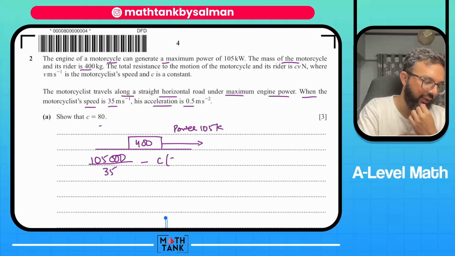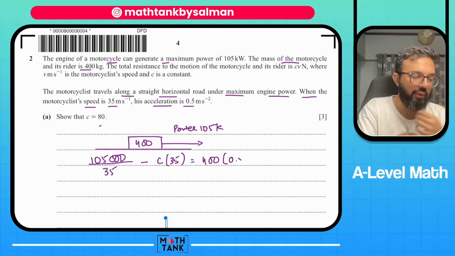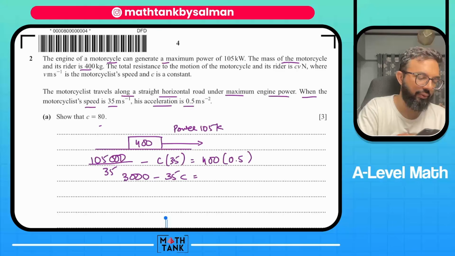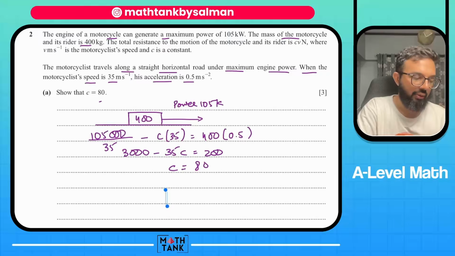V is then 35. MA, what is mass and acceleration? So F equals to M is what I've applied. My driving force is 105,000 divided by 35. So that's 3,000 minus 35C equals to 200. Minus 200 divided by 35. So C is coming out as 80. That is what I had to prove.